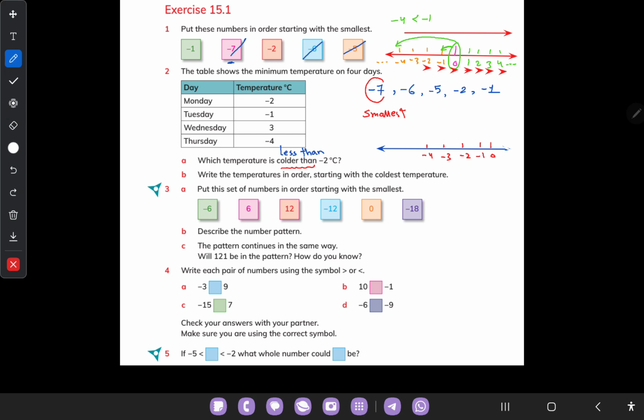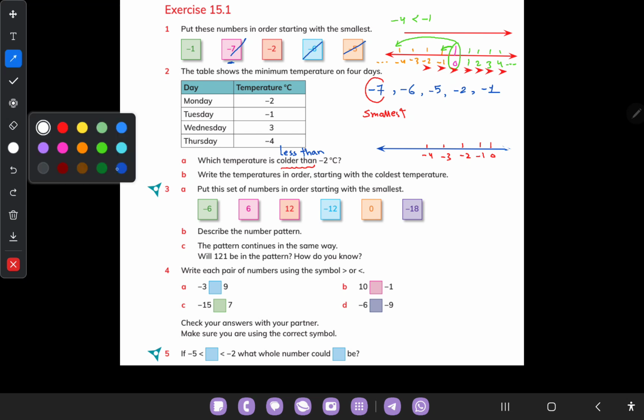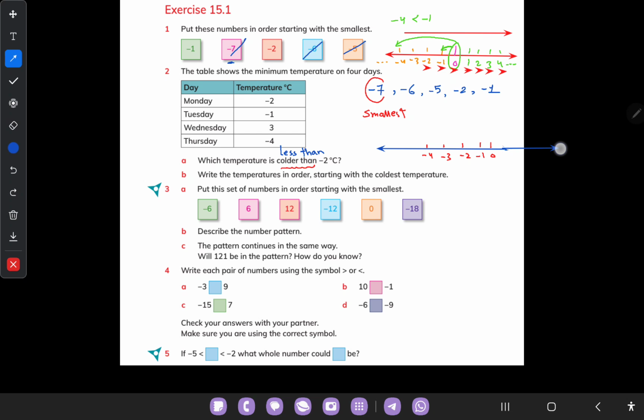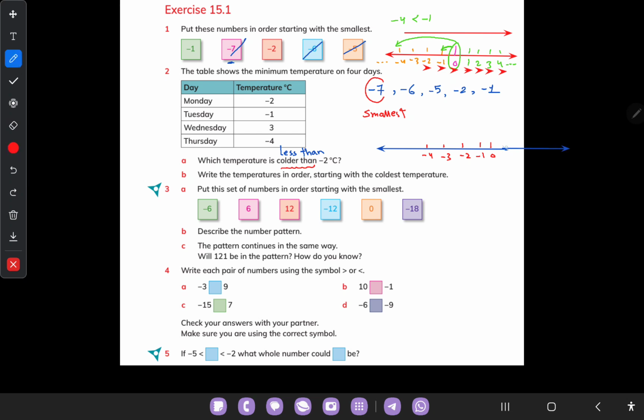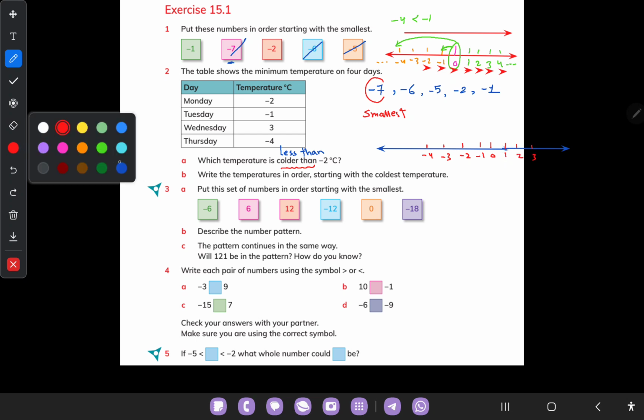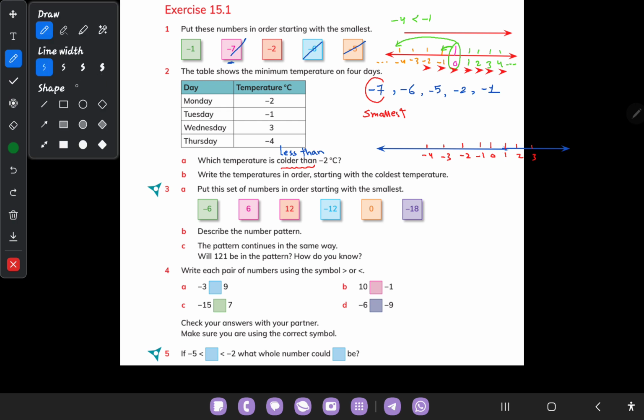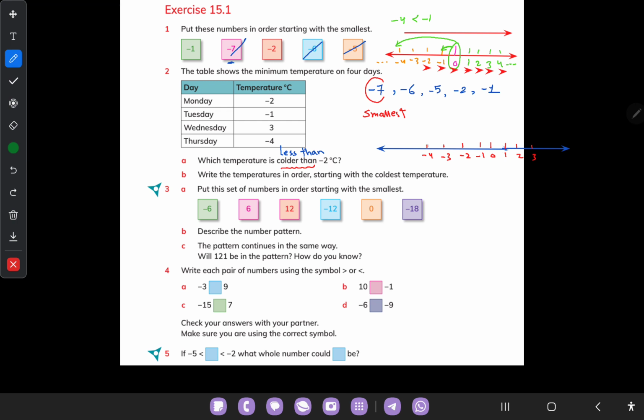We can extend it in the next direction to write number 3. So this is 0. To the right of 0 is 1, 2, and 3. We can mark the 4 numbers that exist in this problem. We have here -4 and -2, -1 and 3. And mark 0. This is 0.